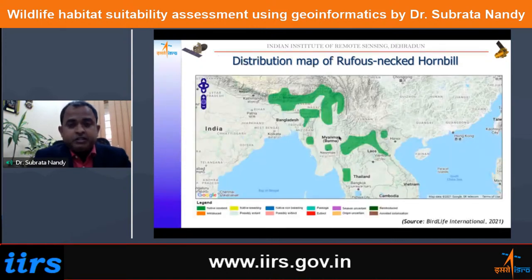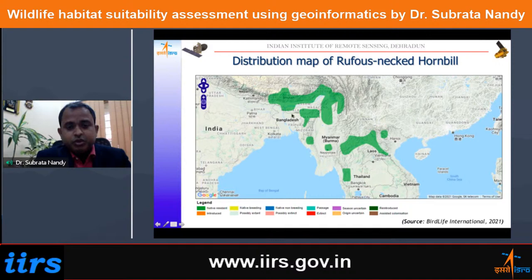Now this is the distribution map of the rufous necked hornbill. You can see most of Northeast India, then Sikkim, Bhutan, and northern Bengal also. In the Indian context, it's here only.